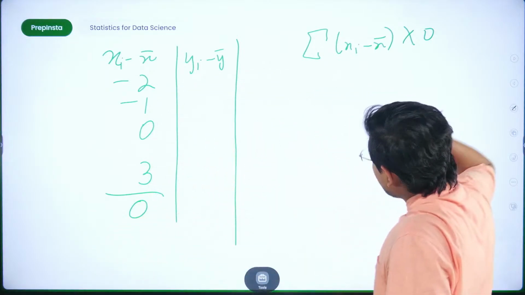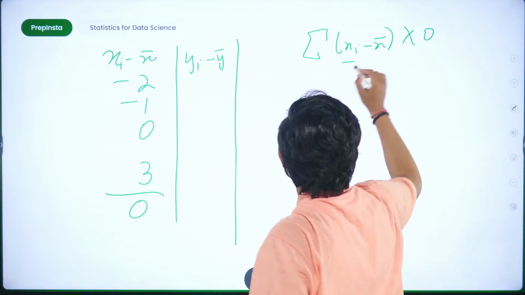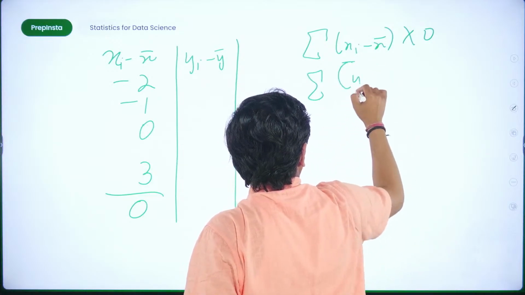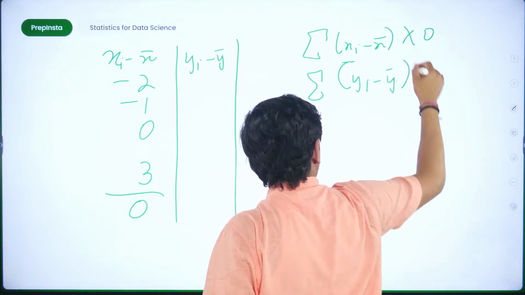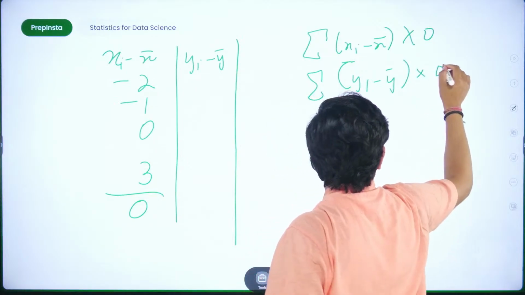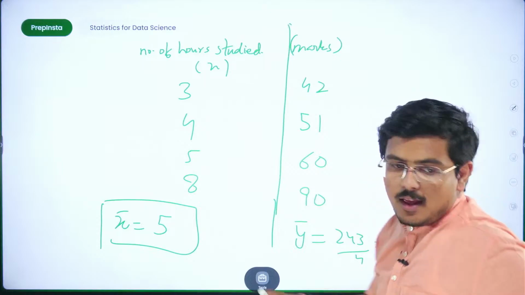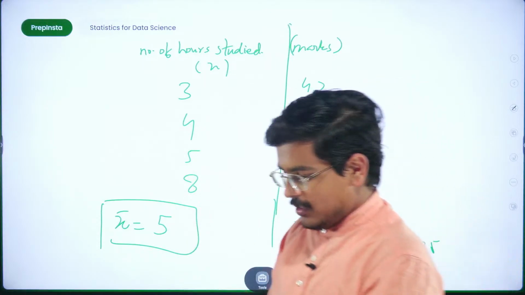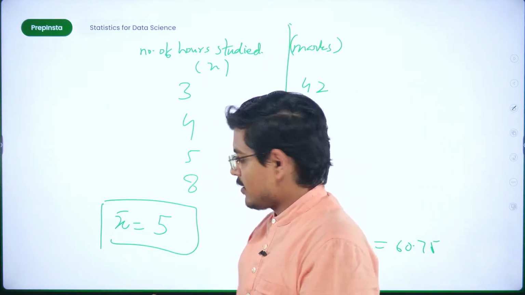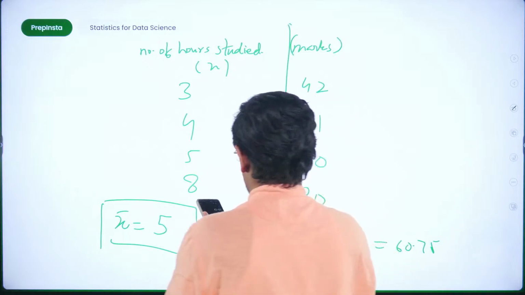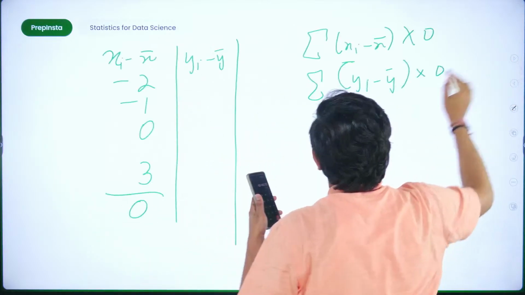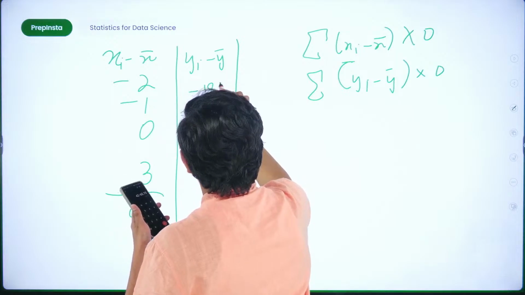Now, imagine that somewhere you didn't get both of these values as 0. Let's check for this as well. And strangely, let's do some hard maths again. 42 minus 60.75, so this becomes minus 18.75.